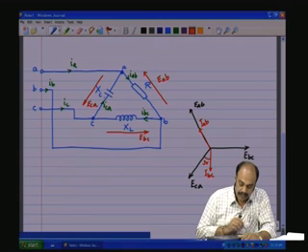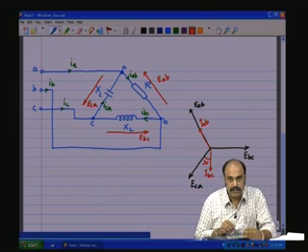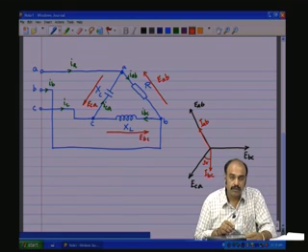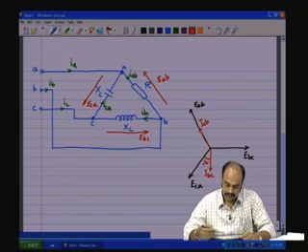Now, coming to the capacitive load, what is the nature of the capacitance? The current through a pure capacitive load will lead the voltage across the capacitance by 90 degrees.